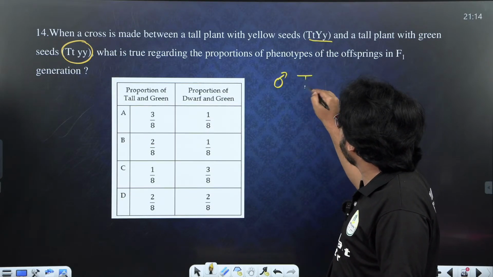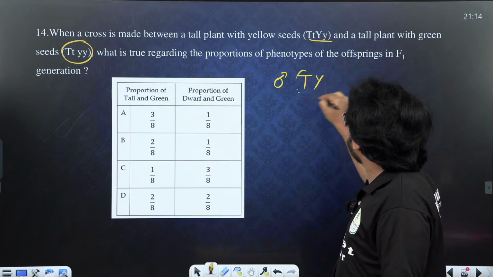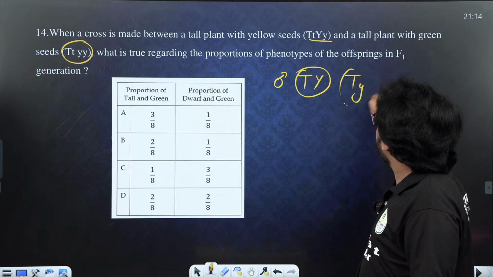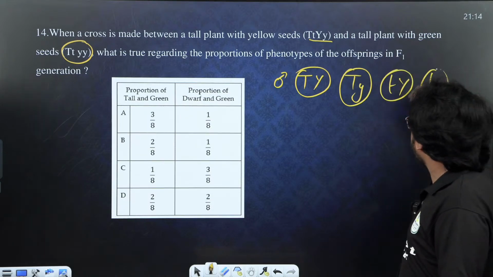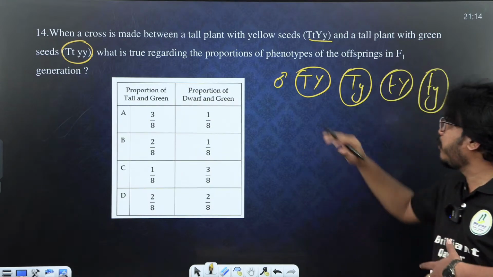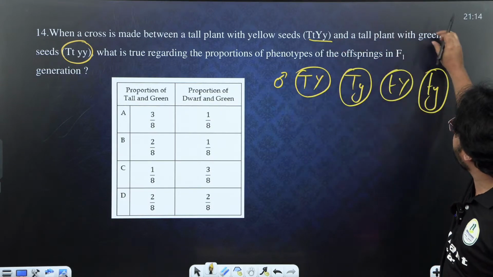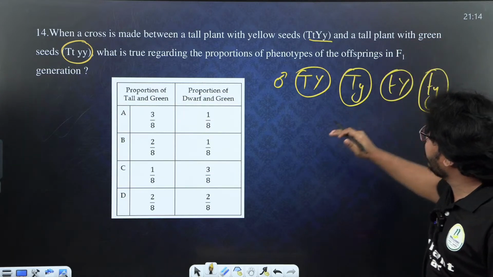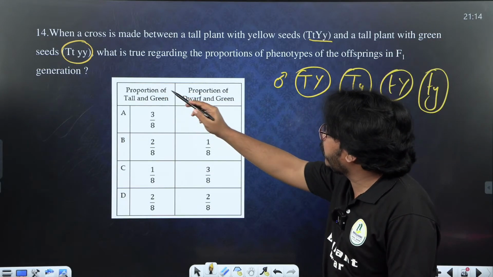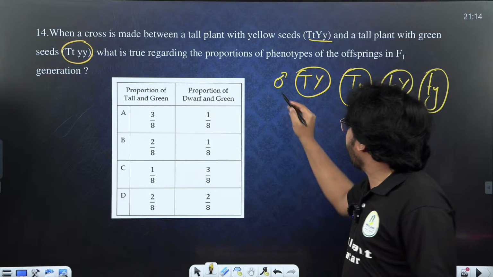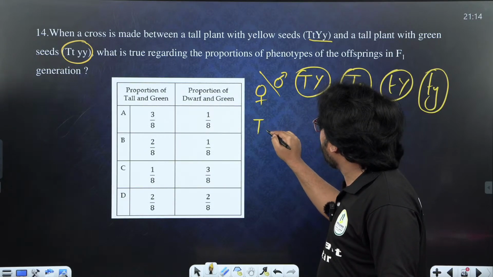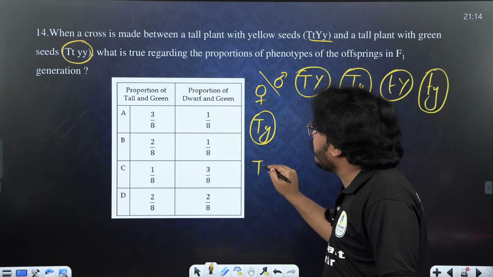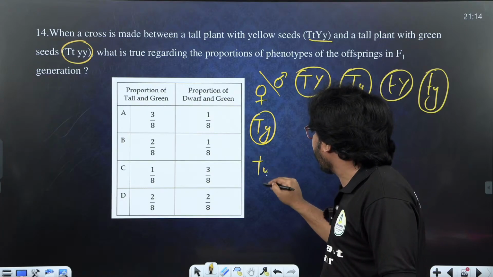They can form 4 gametes: capital T capital Y, capital T small y, small t capital Y, and small t small y. Then the tall plant with green seed is capital T small t, small y small y, which can form only 2 female gametes: capital T small y and small t small y.